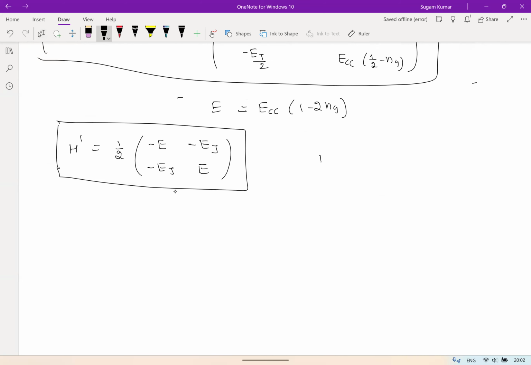But keep in mind, this E is a very important term, again coming here. Now, this is actually which you have defined here. This you can also define like E1 minus E naught, which is nothing but equal to ECC and 1 minus 2 Ng.